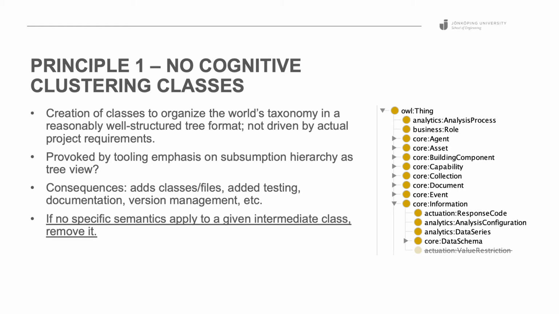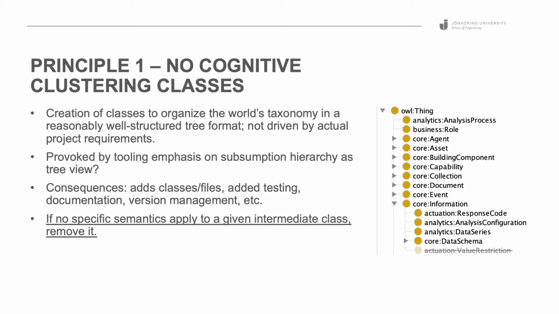And the problem is that if we add a class such as this and then run it through some tooling, it may blow up in terms of the files that it generates, and it may end up that you need to have tests added to these artifacts that are created, documentation and so forth, version management, etc. And it simply adds a bunch of potentially unneeded complexity.